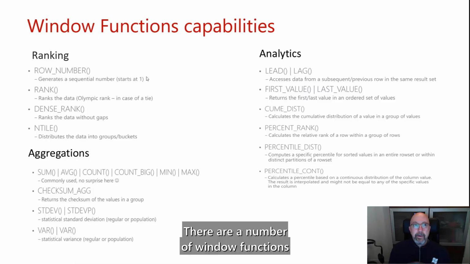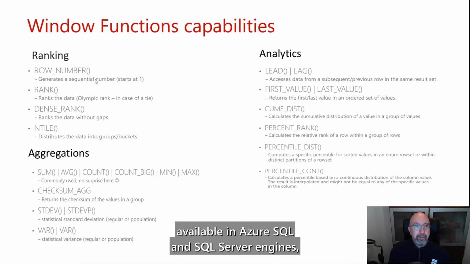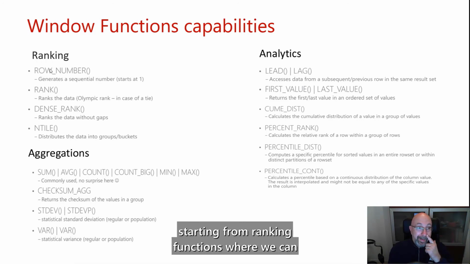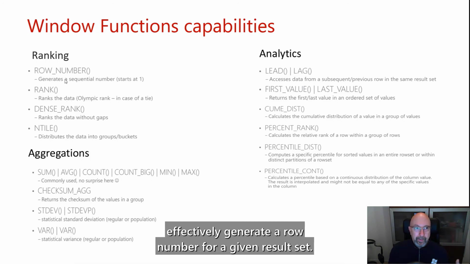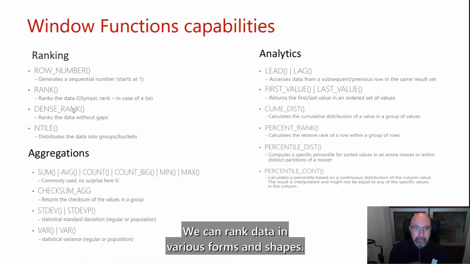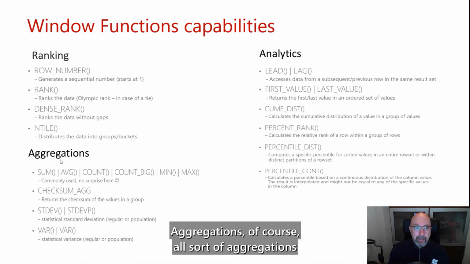There are a number of window functions available in Azure SQL and SQL Server engines, starting from ranking functions, where we can generate a row number for a given result set and rank data in various forms and shapes.